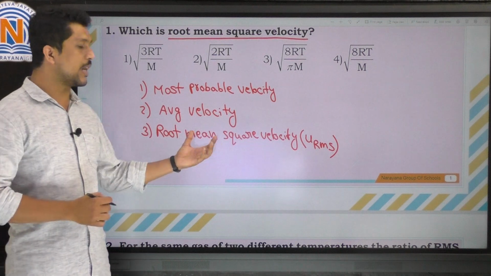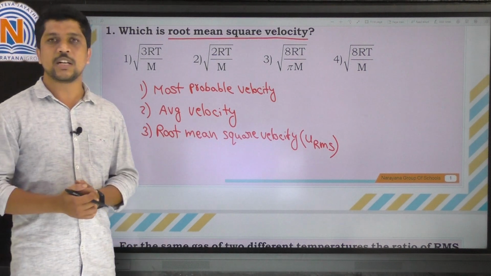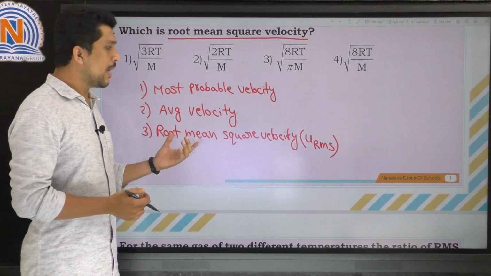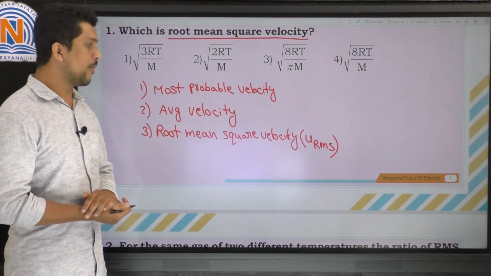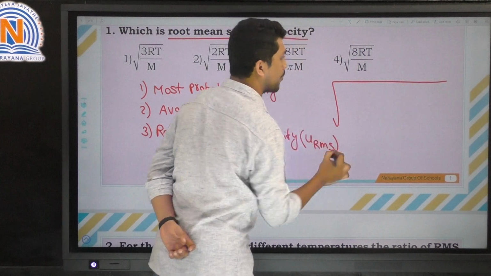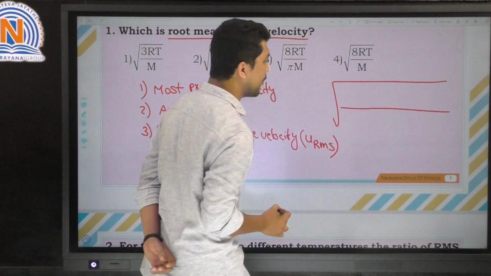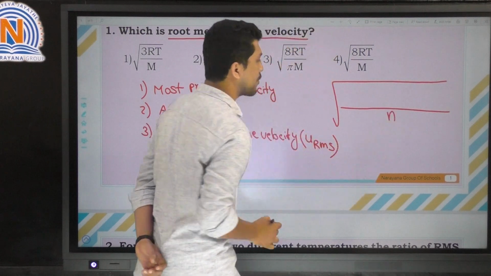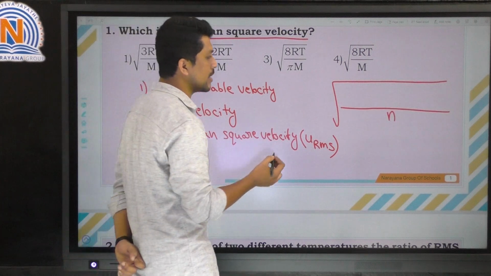So the root mean square velocity can be defined as the square root of the mean of the squares of the velocities.